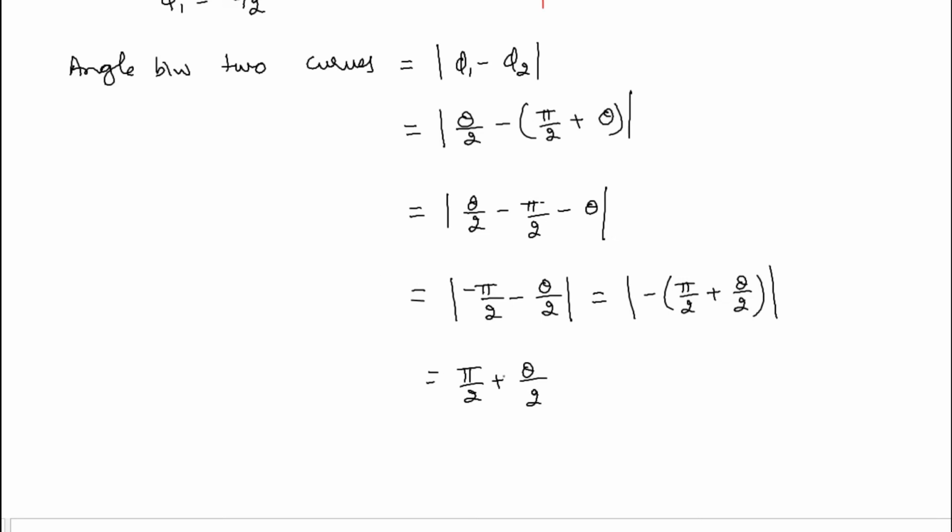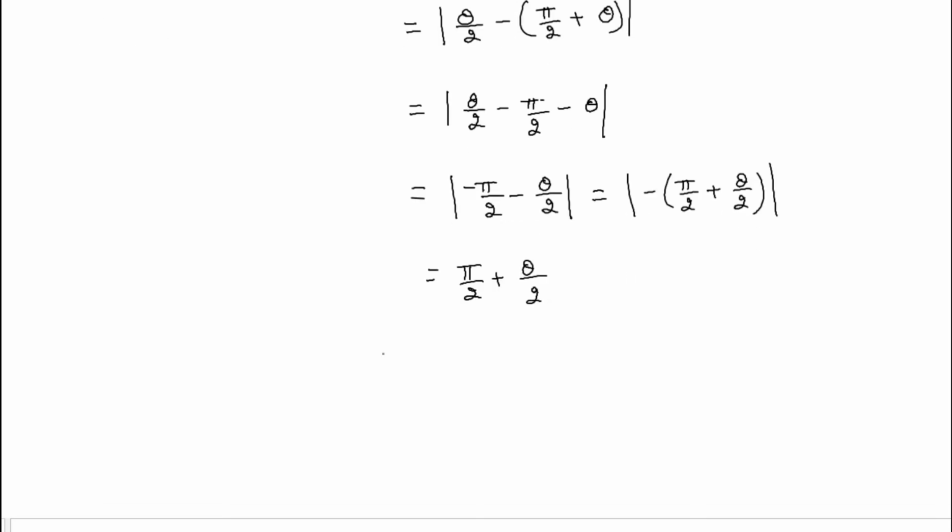But since theta is unknown, we can find the value of theta from the given two curves. So we'll go back to the two curves, to find theta. For that, let me take this as equation number 1. So what are the given curves?